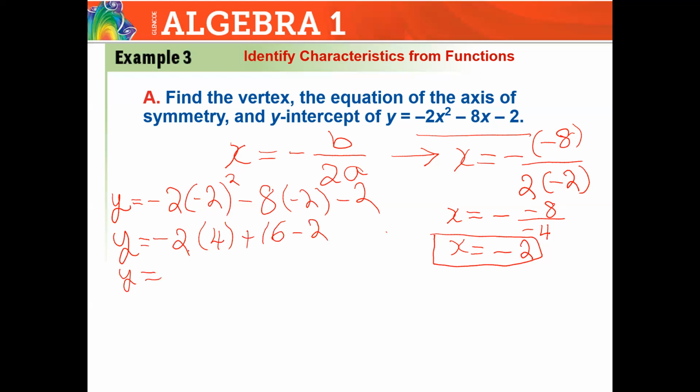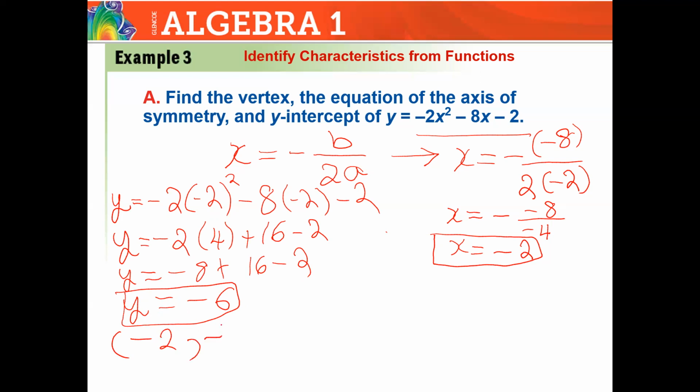Then negative 2 times 4 is negative 8, plus 16 minus 2, which is equal to negative 6. So I have now y equal negative 6. So I have x negative 2 and y negative 6. So the coordinates of the vertex are -2 and -6.